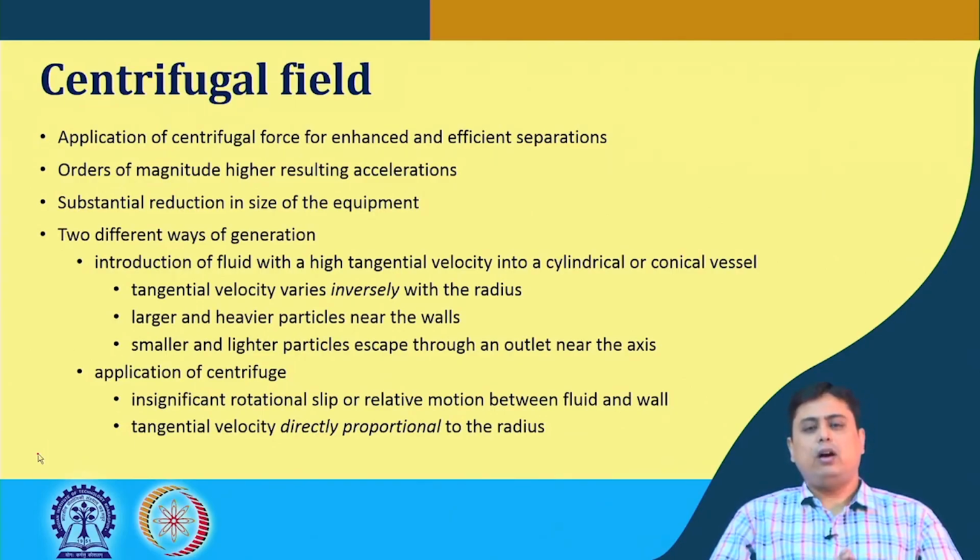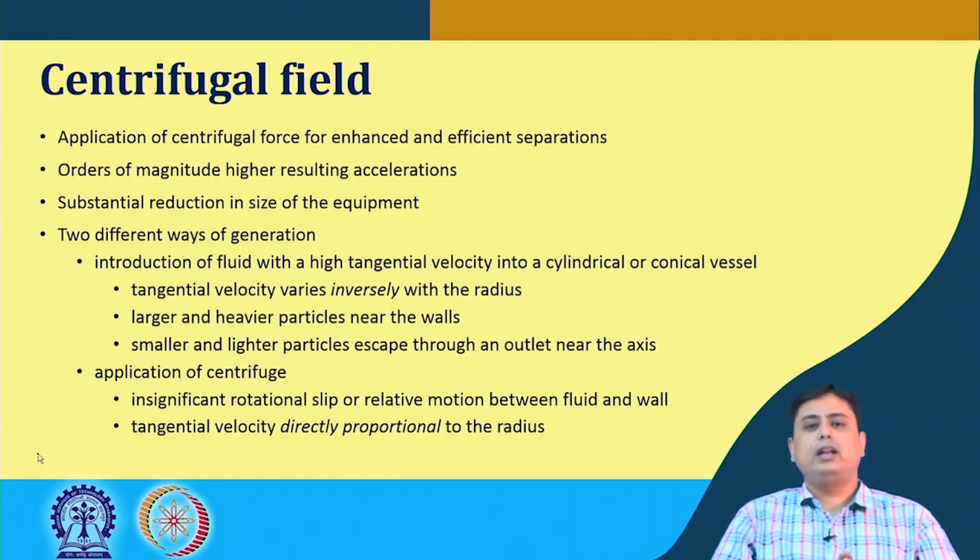The other way of introducing the centrifugal field is to use a centrifuge. Here the equipment itself is rotating at a sufficient speed that there is insignificant rotational slip, or relative motion, between the fluid and the solid wall.